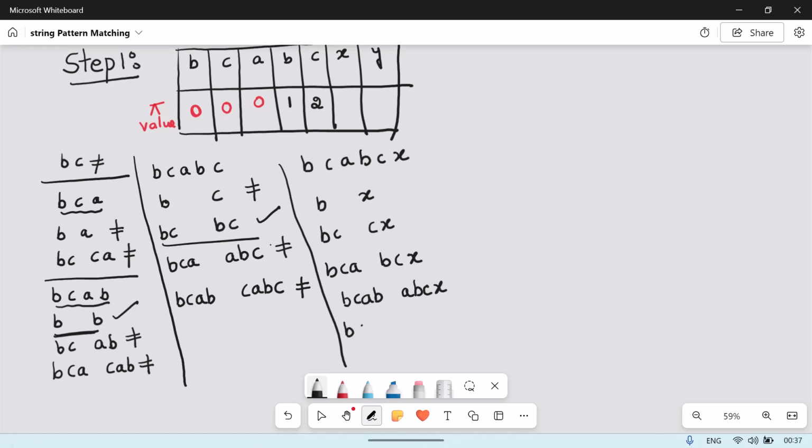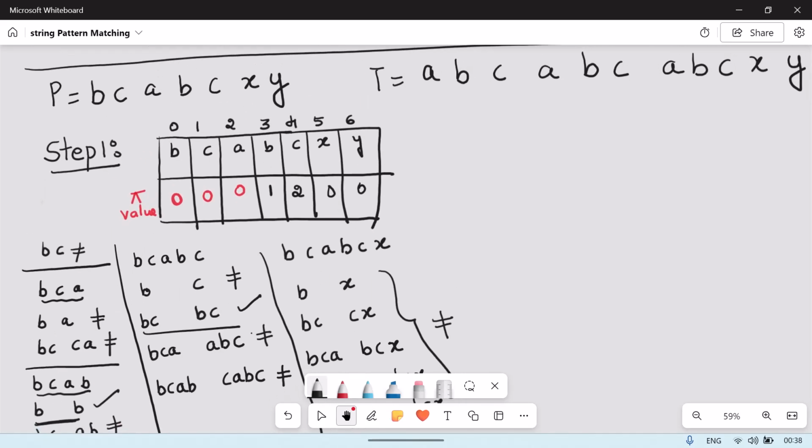The other one is BCABC, CABCX. Is there any match here? No, all are unequal. So here 0. Likewise, if you check, this also is going to be 0. You have got these values.